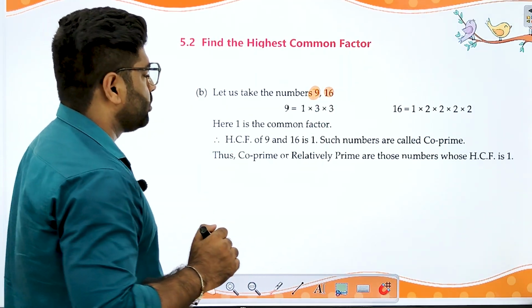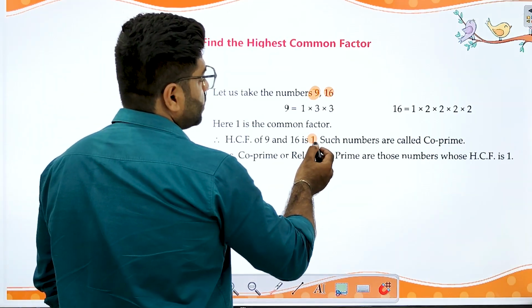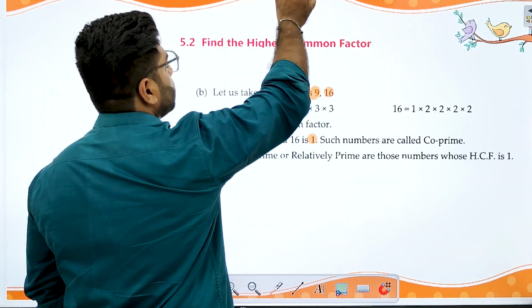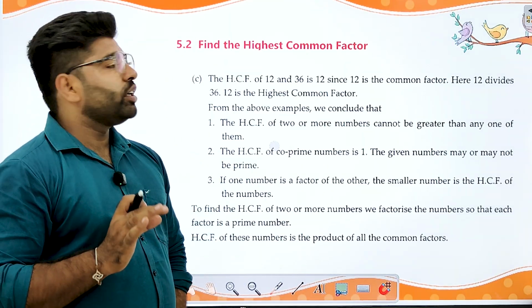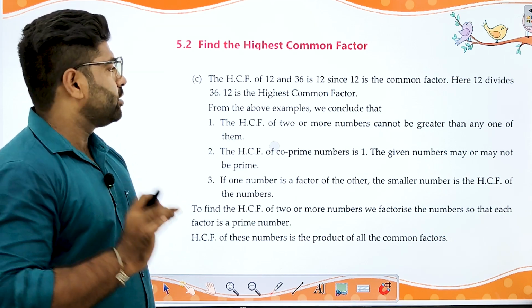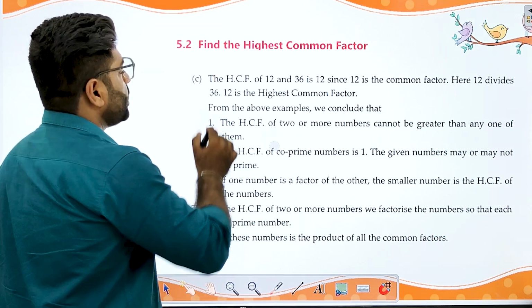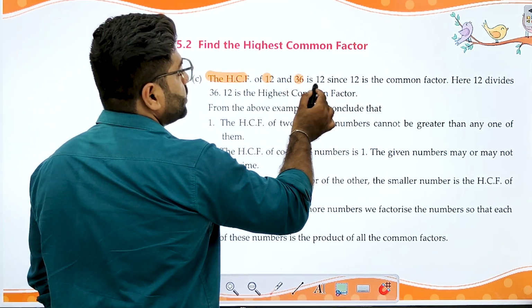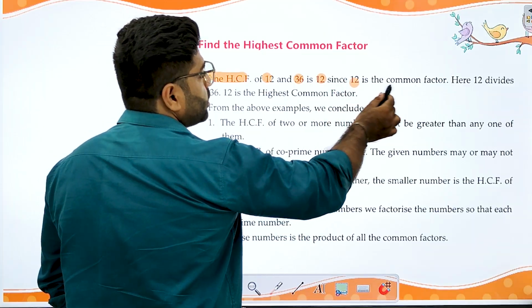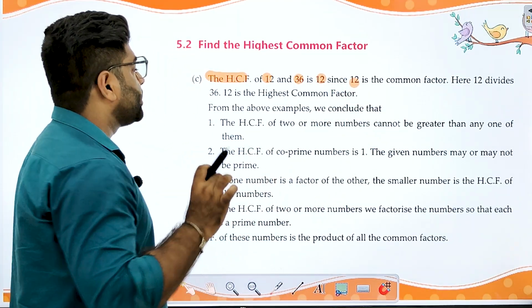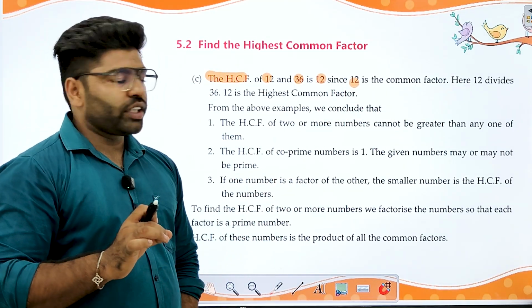Clear? Here we find the HCF of 12 and 36, which is 12. Since 12 is a common factor and 12 divides 36, 12 is the highest common factor.